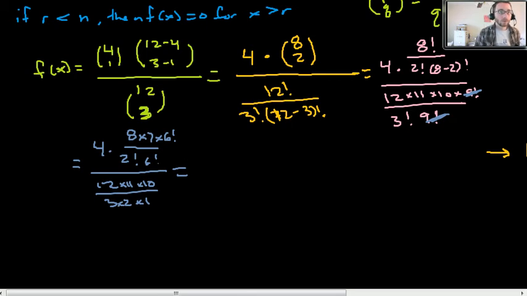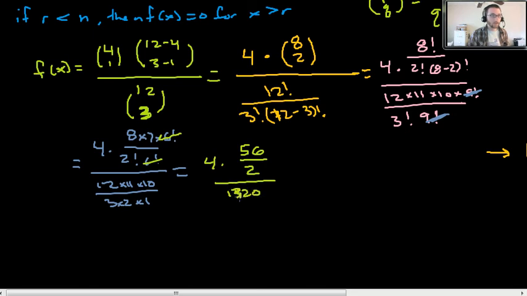Canceling out, these 6 factorials cancel. We have 4 times 8 times 7, which is 56, over 2 factorial, which is 2 times 1, so that's 2. All over 12 times 11 times 10. 12 times 11 is 132, and multiplying that by 10, we get 1320.